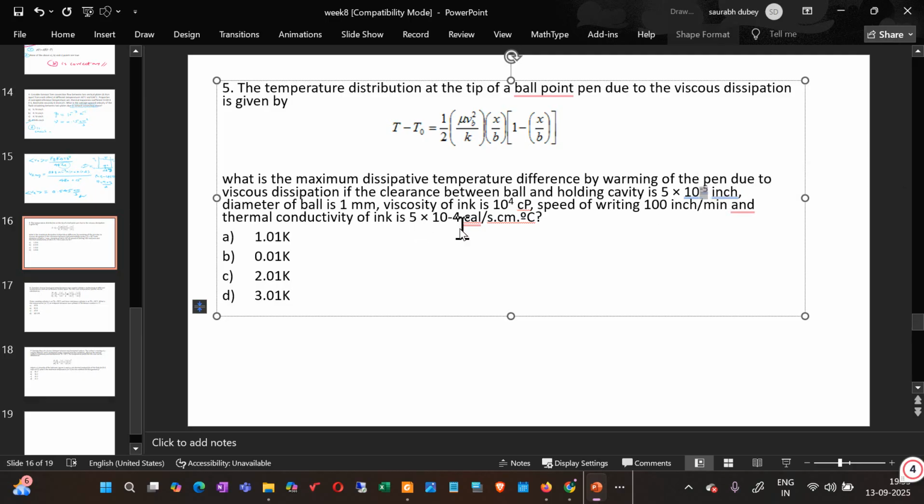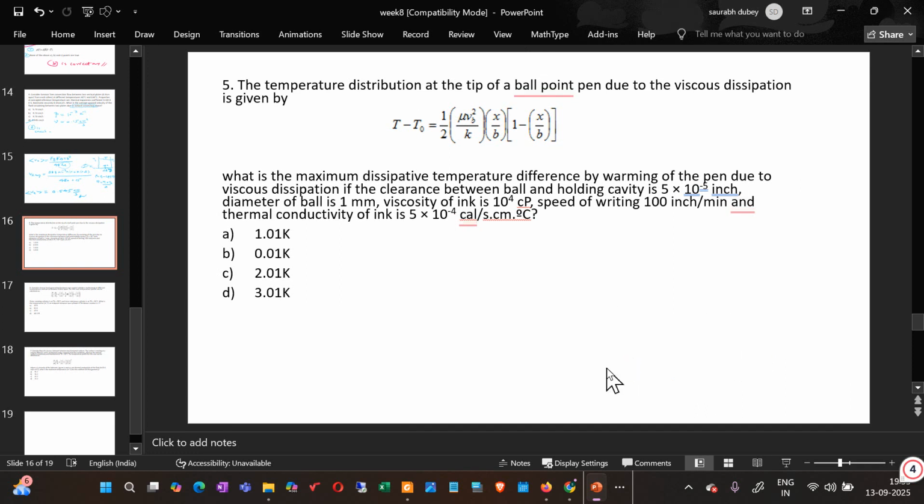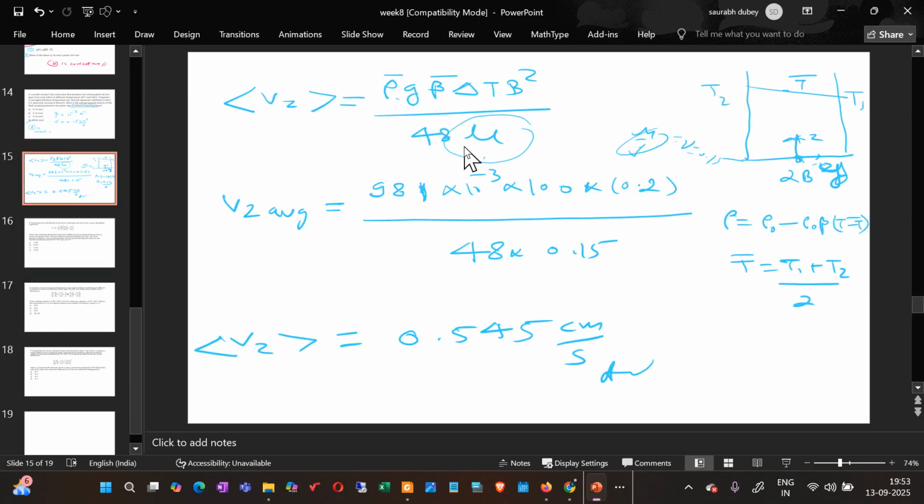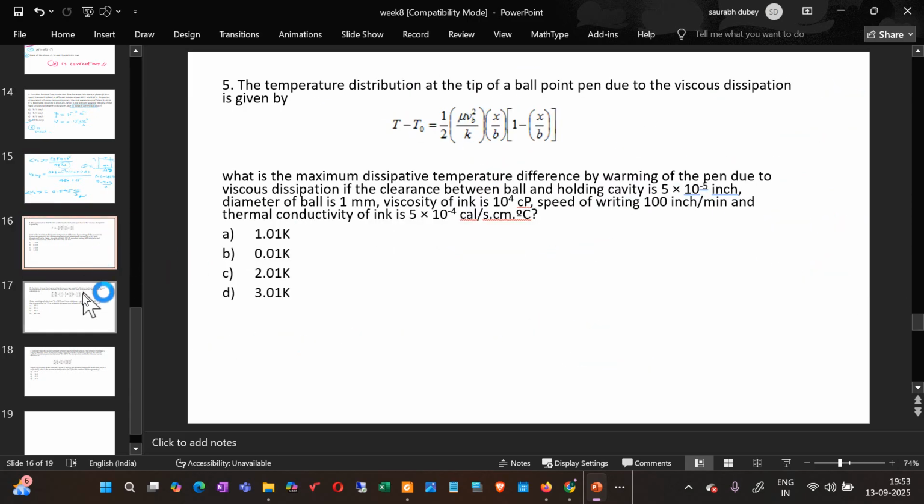And this will also be power, right? Okay, so this particular equation is given. But let's see how you will be solving this.